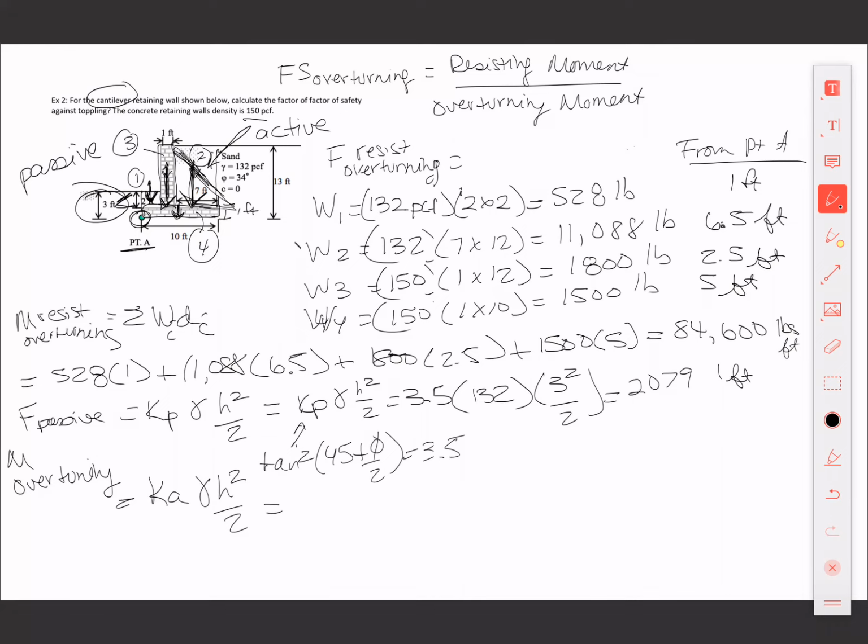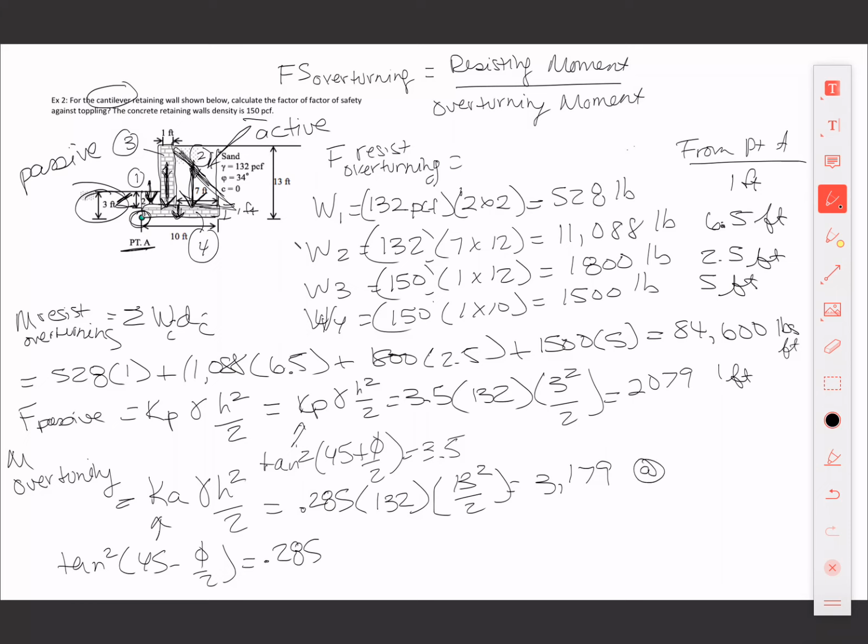In that case, Ka is tangent squared of 45 minus phi over 2, which equals 0.285. So 0.285 times 132 times 13 squared over 2. So that's 3,179, and it's at 4.33 feet.